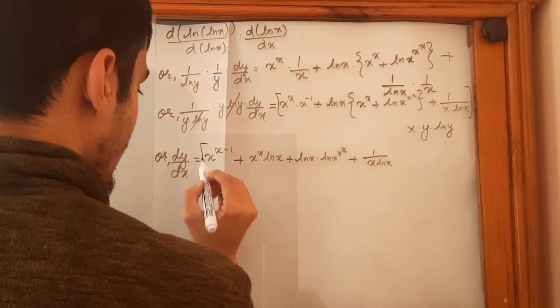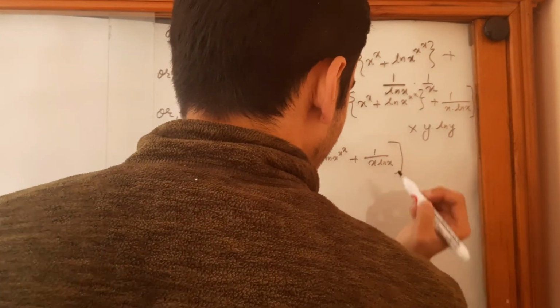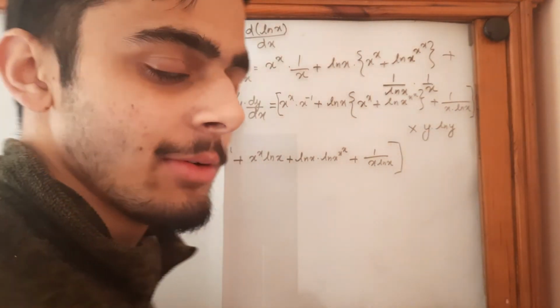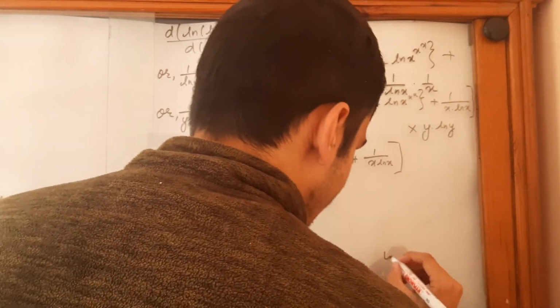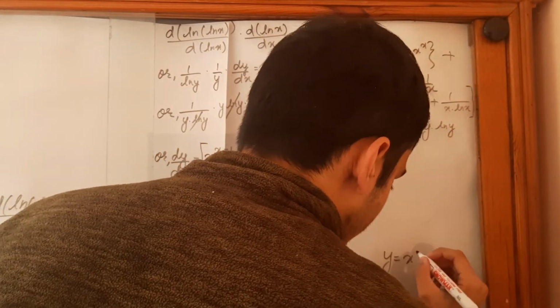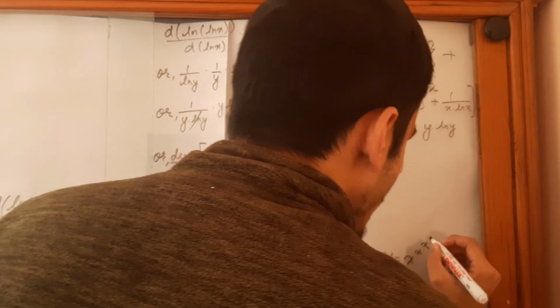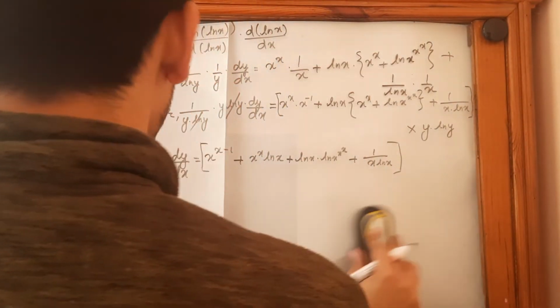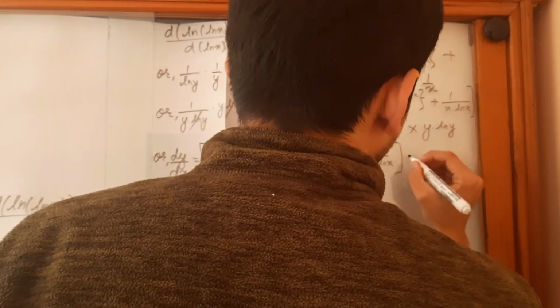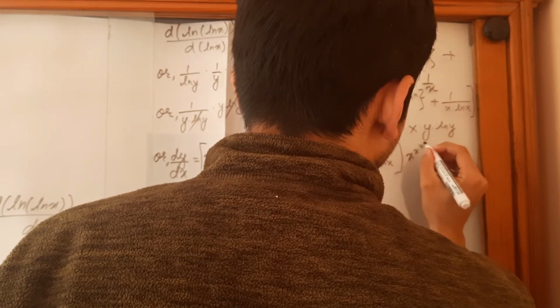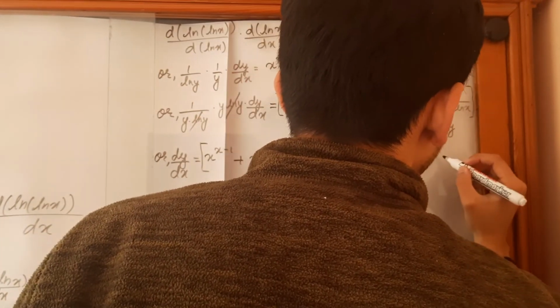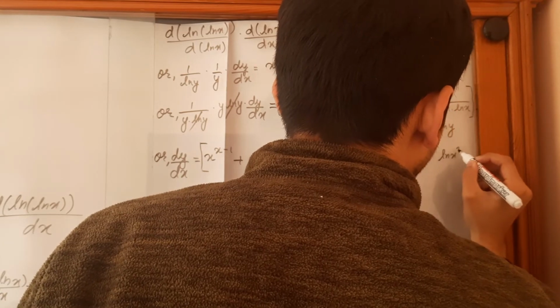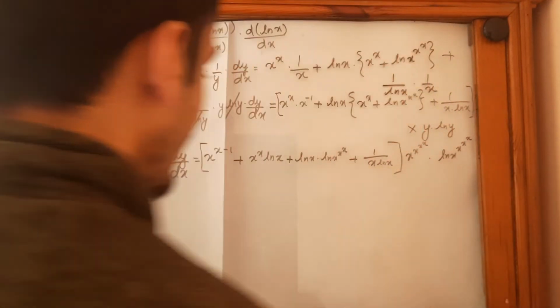Let's put this inside a big bracket, and let's replace the value of y and ln y. So the value of y is x to the power x to the power x to the power x. So let's replace the value over here, x to the power x to the power x to the power x times ln x to the power x to the power x to the power x.